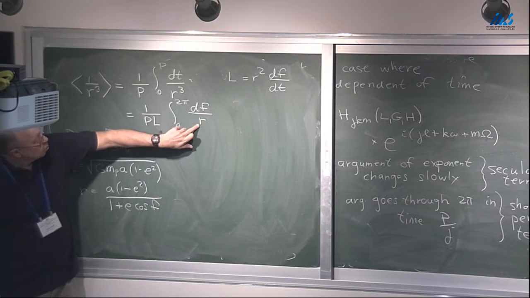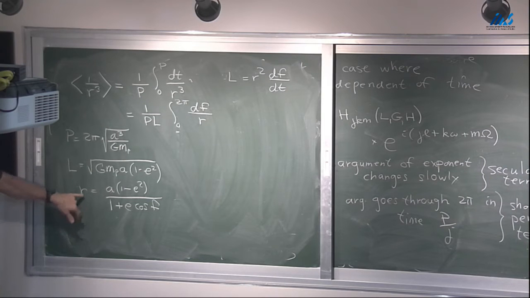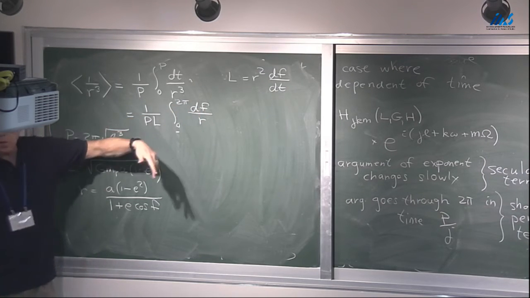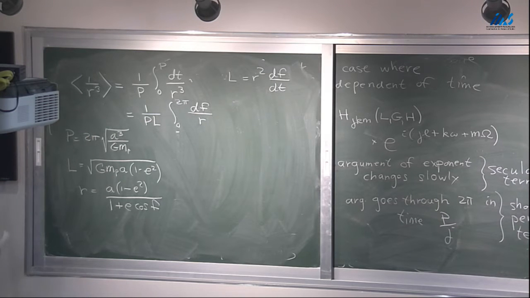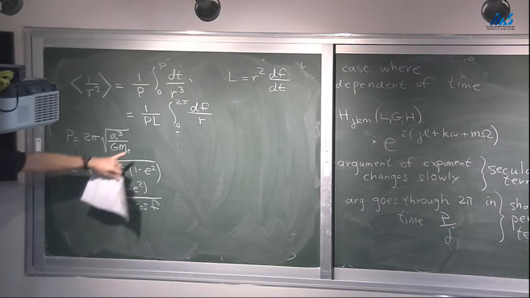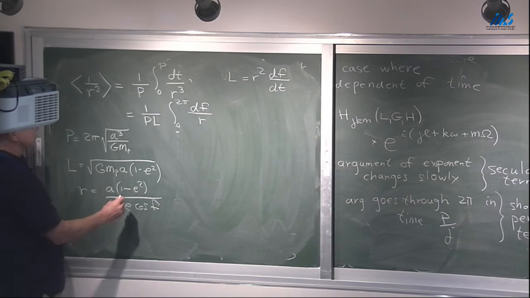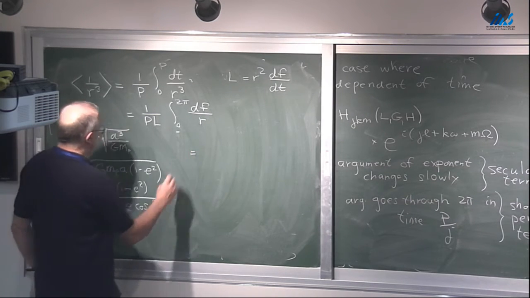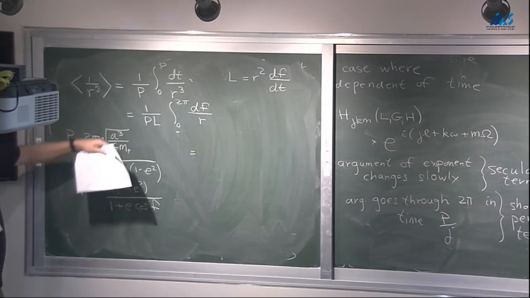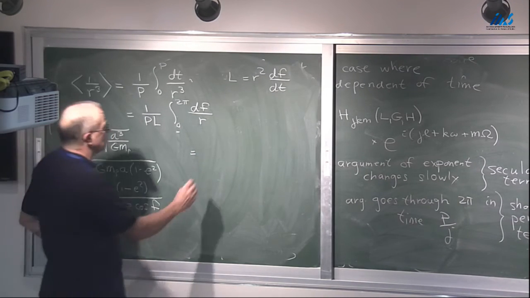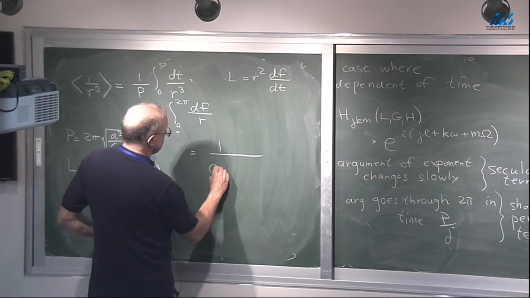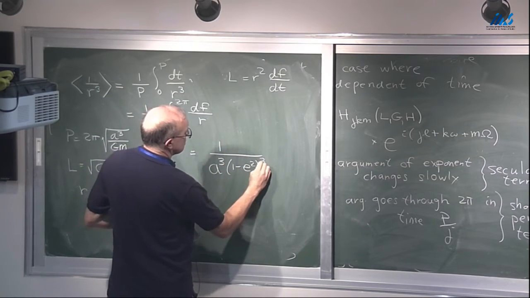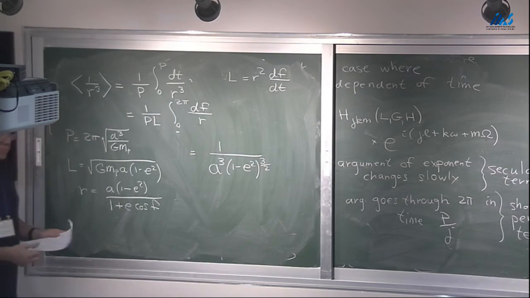So you can see that when you substitute this for 1 over r, you'll get an integral of df times 1 plus e cos f. The cos f averages to 0, and so the integral is just 2 pi. And that says that when you plug all these things in and cancel them out, this integral is just 1 over a cubed times 1 minus e squared to the 3 halves.